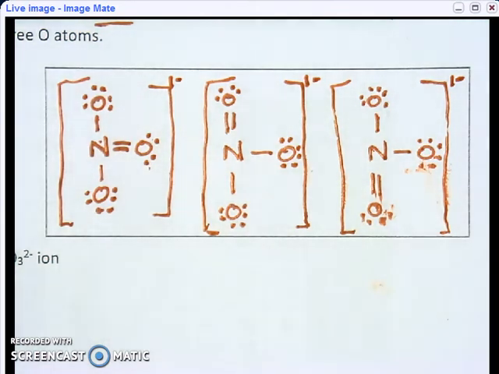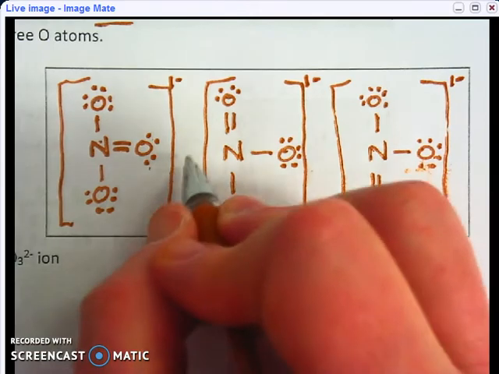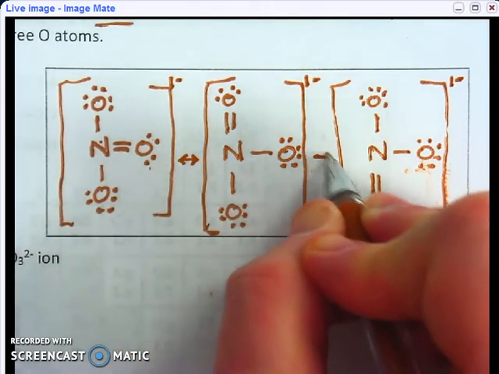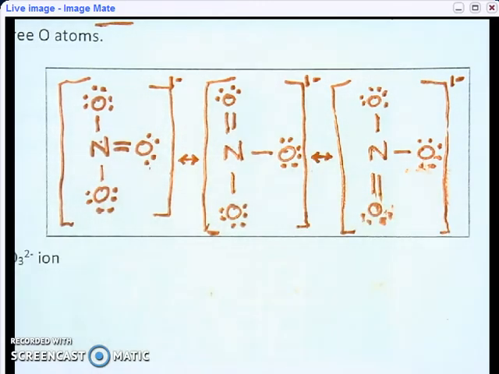And when they're resonance structures, then what you do is you put a double-headed arrow between them, showing that really all three are possible. Each of those is possible. So I'll give you a second, let you get that drawn and caught up before I show you the next thing here.